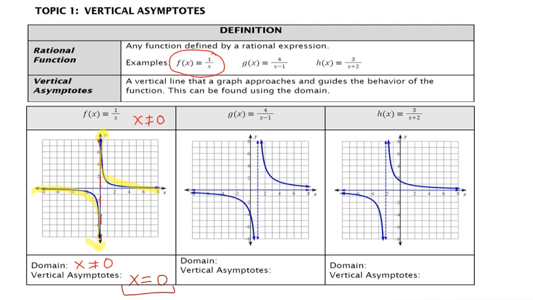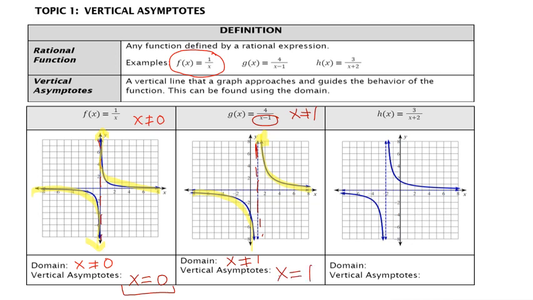Same idea with g of x. If I do the domain, x cannot equal, I'm sorry, x cannot equal 1. And if I look at 1 on my graph, same thing. I have this vertical line. As the graph becomes closer, it goes into positive and negative infinity for the y. And our vertical asymptote is almost the same as the domain.